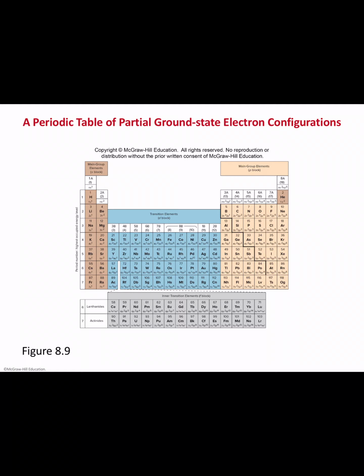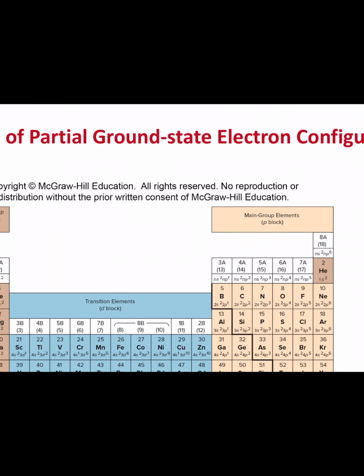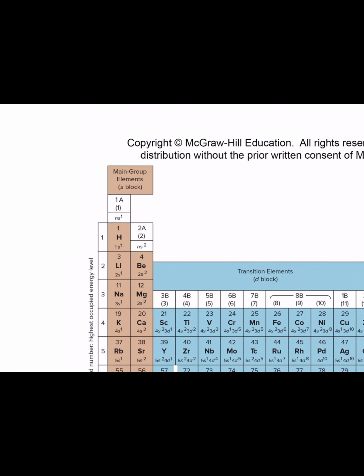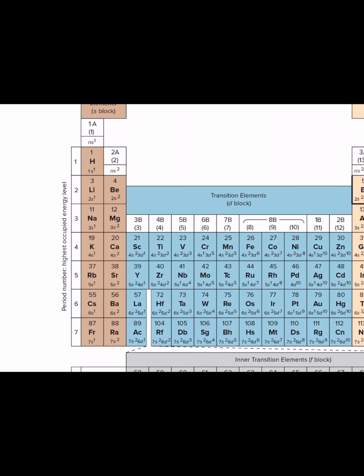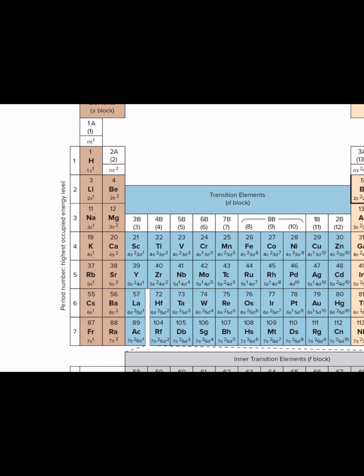Periodic table of partial ground state electron configuration. So this is your periodic table, and then we can see group 1, all of them have s1 outer electron configuration.